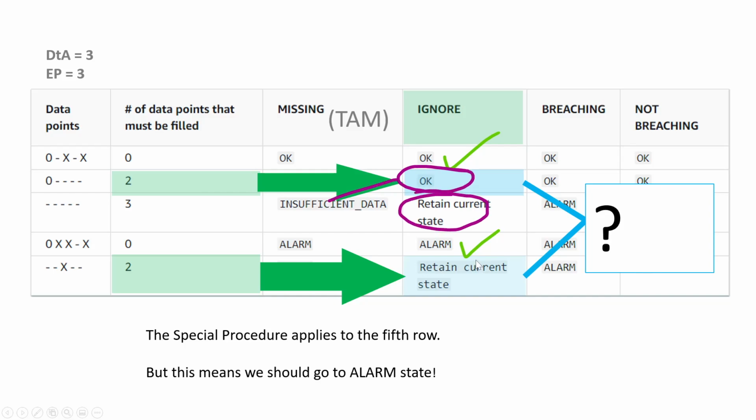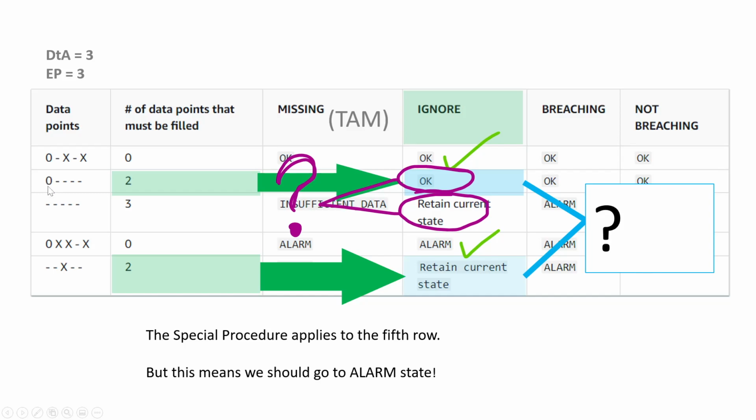But a second thing that is actually unexplainable to me is the fact that row 2 is put in the OK state, while row 3 is put in retain current state. It's the discrepancy there. If you look at row 2, they've only got one data point with data, or one real data point.